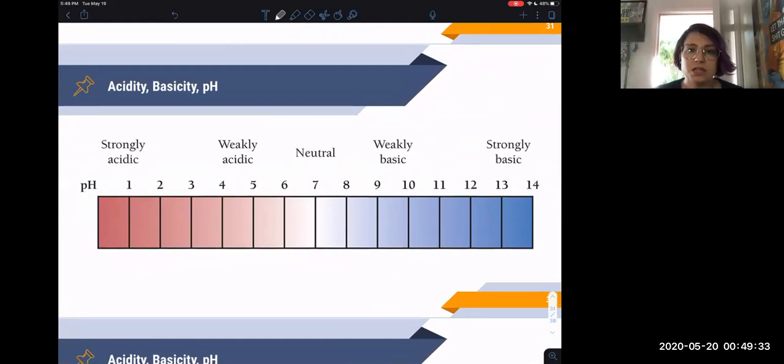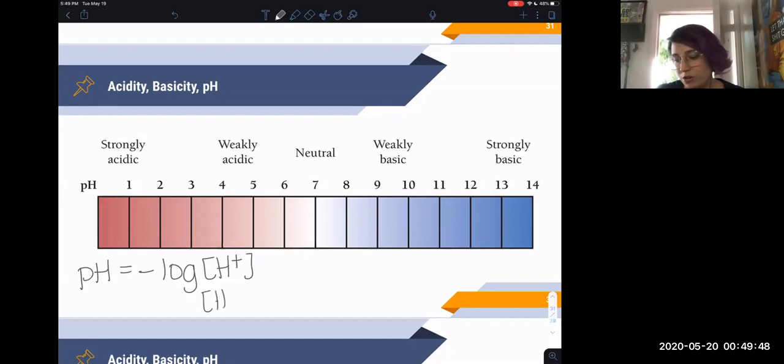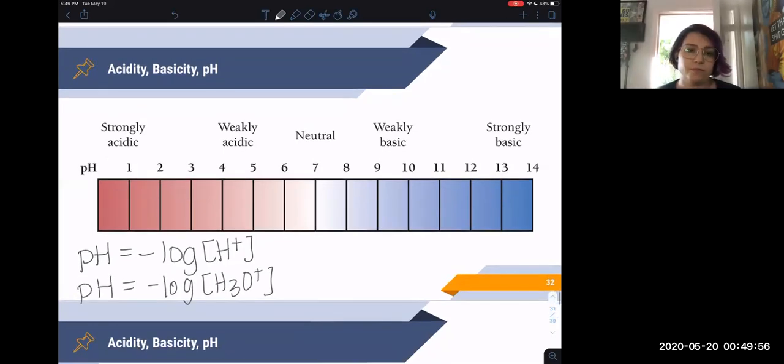pH is a scale of hydrogen or hydronium. pH is equal to the negative log of H. And you know that H is also hydronium. So it's the negative log of the concentration of hydronium.